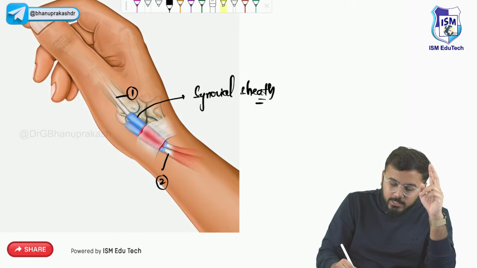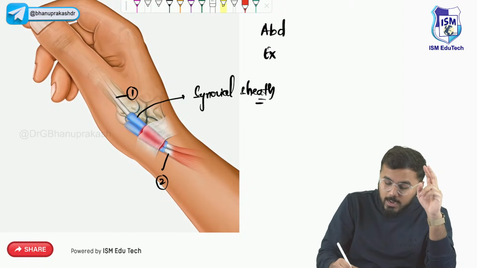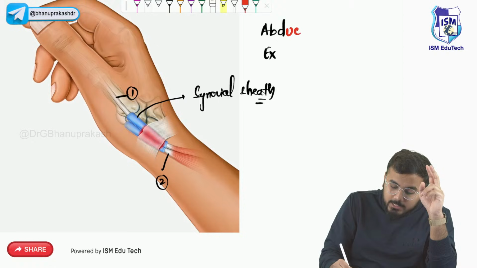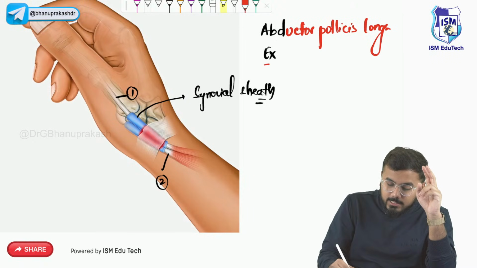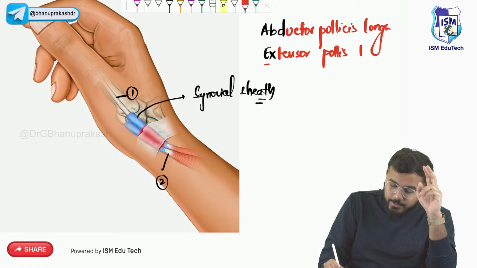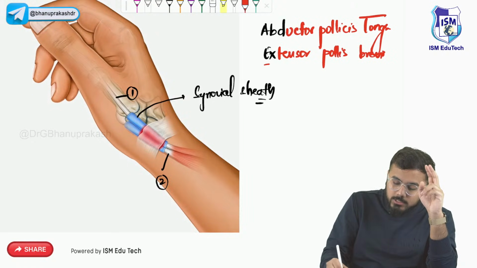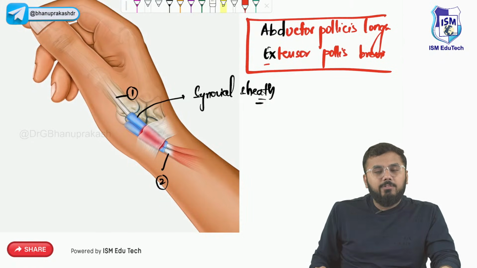There are two tendons here: abductor pollicis longus and extensor pollicis brevis. So these two tendons are abductor pollicis longus and extensor pollicis brevis.